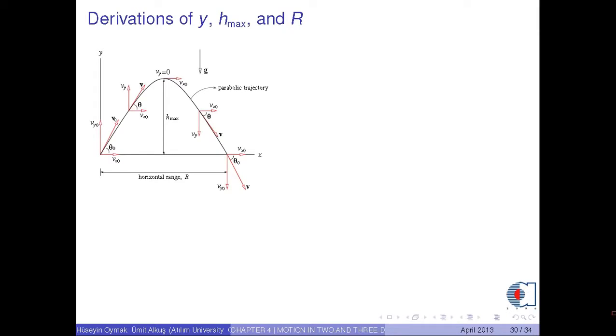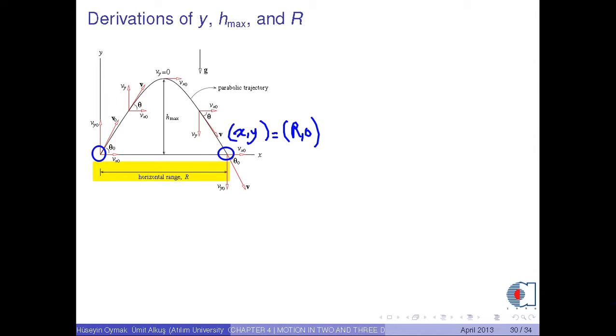In this figure is also shown the horizontal range R of the projectile, which is the horizontal distance between the launching point, that is the origin, and its landing point, whose coordinates are x, y equals R, 0.